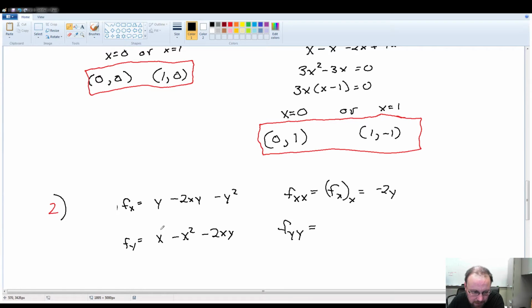So differentiate fy with respect to y, and we get minus 2x. And then we need the mixed partial, fxy. So here I'll take the partial of f with respect to x and differentiate that result with respect to y. And that gives us 1 minus 2x minus 2y.